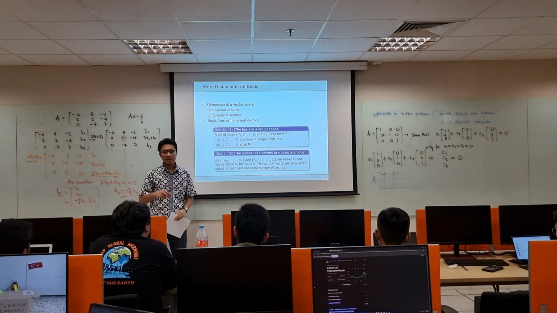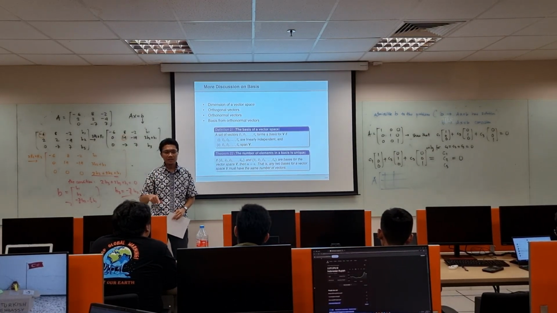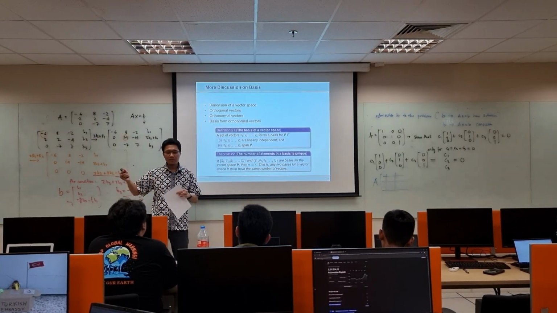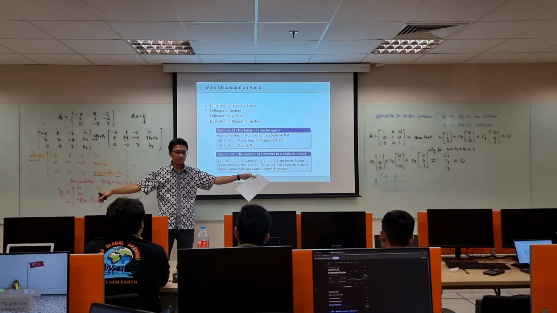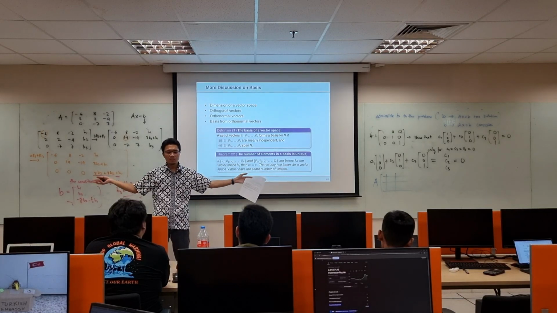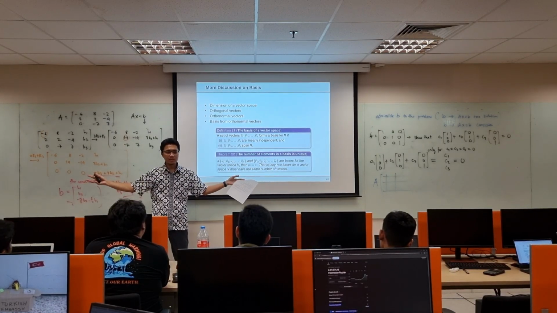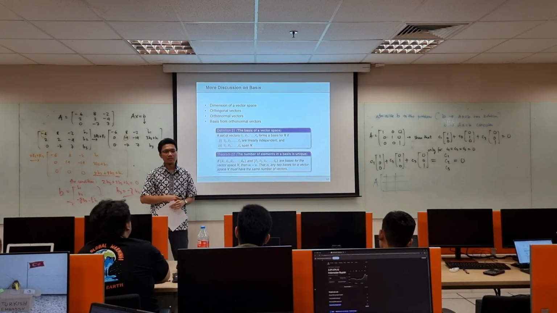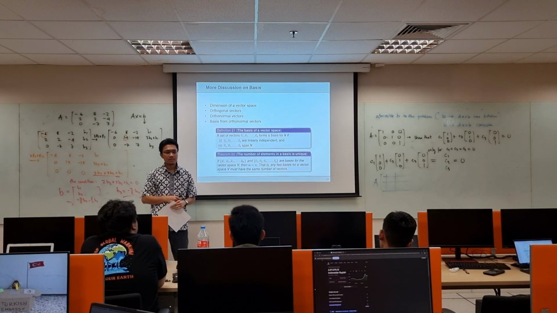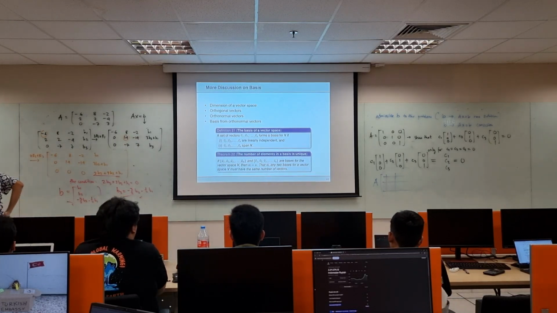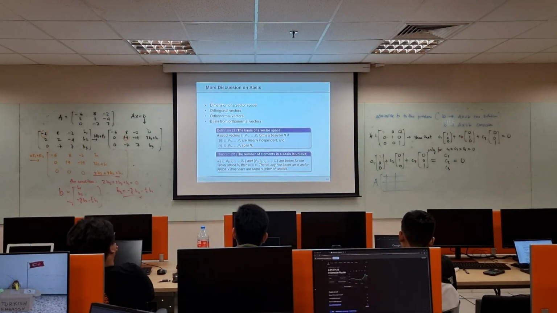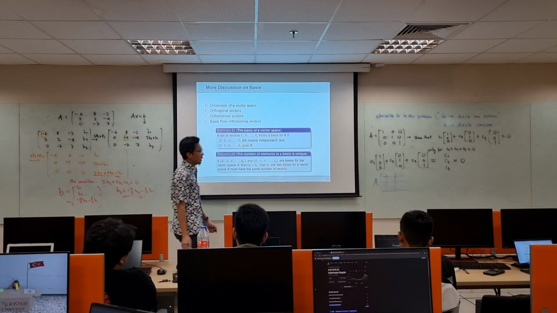Because let's say you want to make a basis for R3, you cannot have a set of 2 columns and another set of 3 columns. You cannot. Both must be 3 columns for R3. Let me give an example.